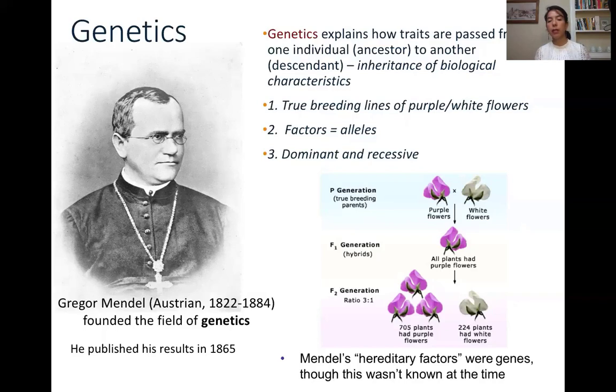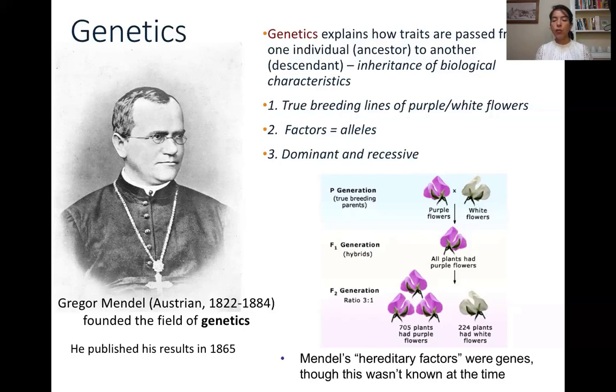He crossed pea plants. In this case, you can see pea plants that have purple flowers and other pea plants that have white flowers. And when he crossed them, he found that all of the offspring of the F1 generation, the immediate descendants of these parents, had purple flowers.